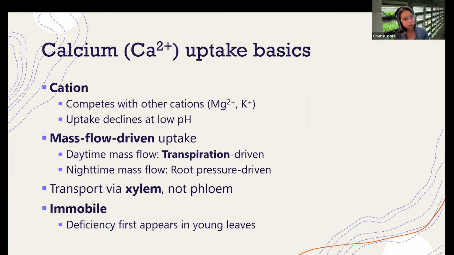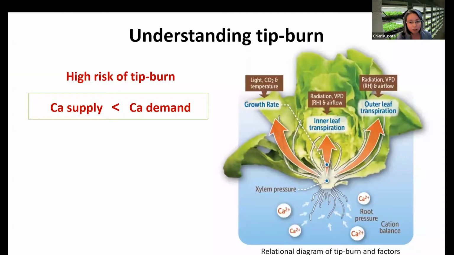Unlike nitrogen deficiency, which starts in old leaves because plants can take the nitrogen from the old leaves and provide that needed nutrient to the growing young leaves. But with calcium, you can't do that because it's xylem based, not phloem transported. So it always starts in young leaves.